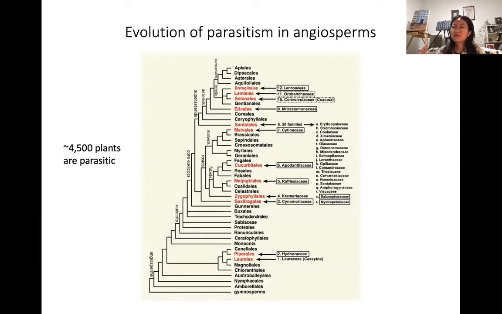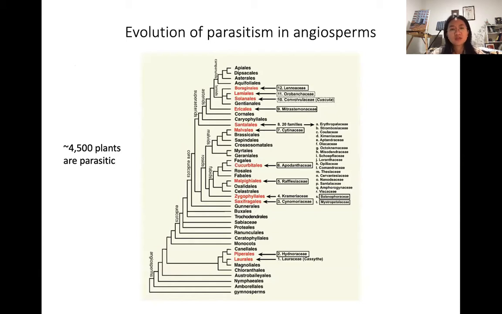Across the flowering plant tree of life, parasitism has evolved 12 times, which are highlighted by these red lineages. And in total, there are more than 4,500 plants that are parasitic.